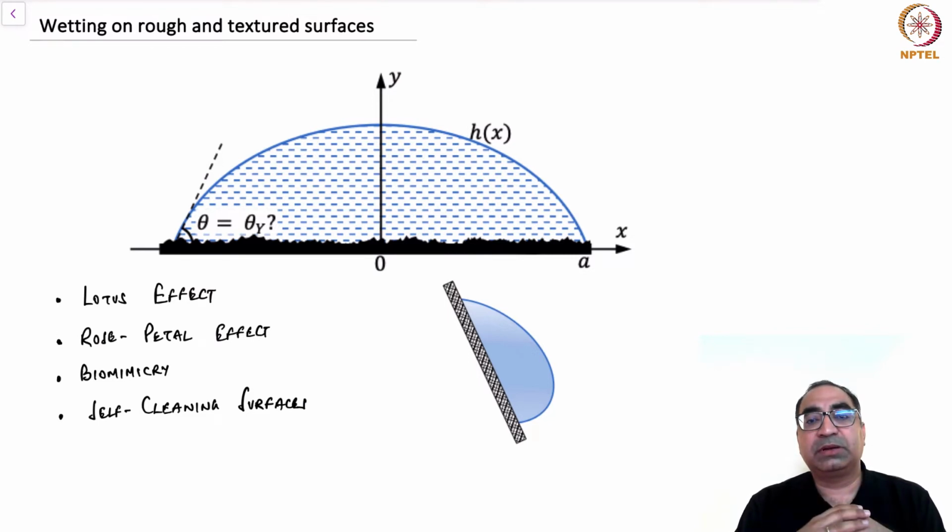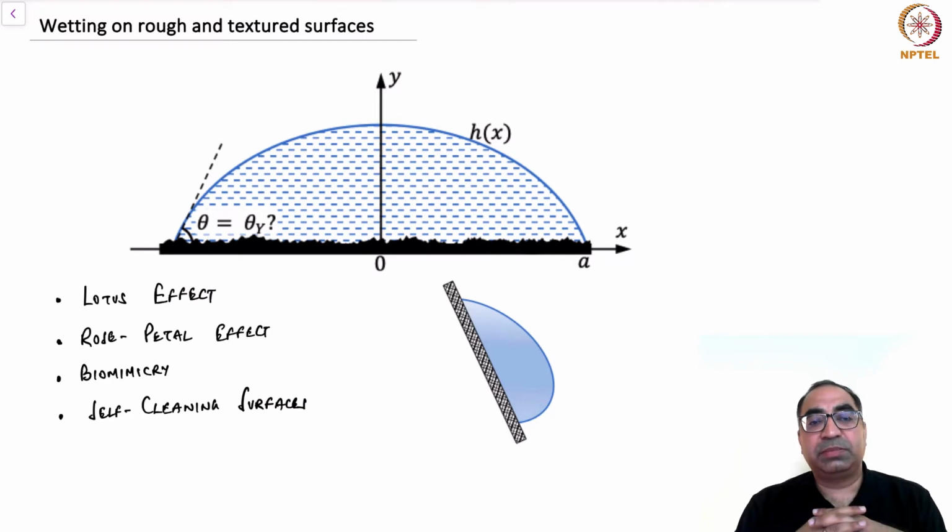Another very important application where wettability plays an important role is making a coating on windshields. On a car windshield, when you're driving, you don't really want water droplets to be staying on top of the windshield because that impairs visibility. So it is very beneficial to have some kind of a coating or some kind of surface where the water droplets don't stay on the surface.